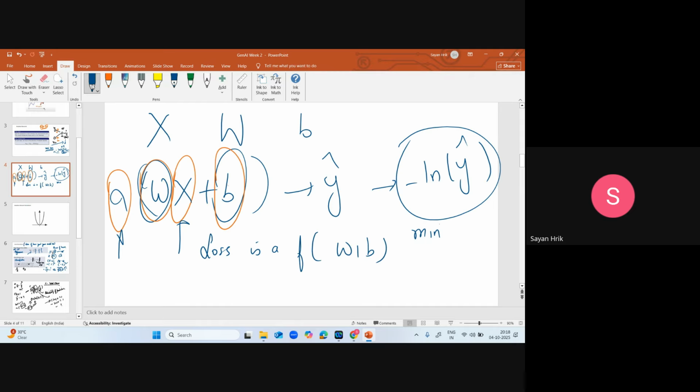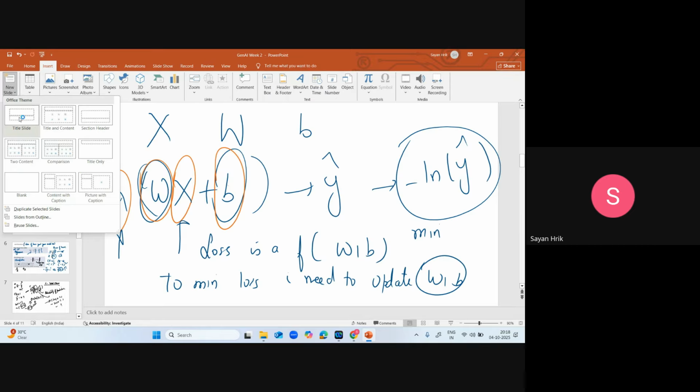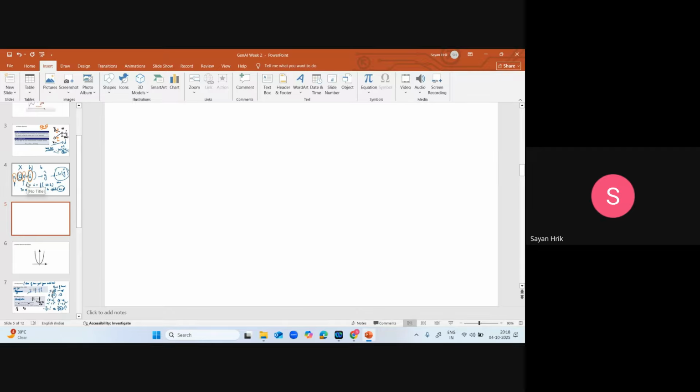So basically, to minimize this loss, I need to update w and b. I need to find those w and b which will actually minimize this loss, right? That's the idea. To illustrate this, let me take a simple diagram here. So suppose we have, let's just assume the loss is a function of w and b right now, which it is.